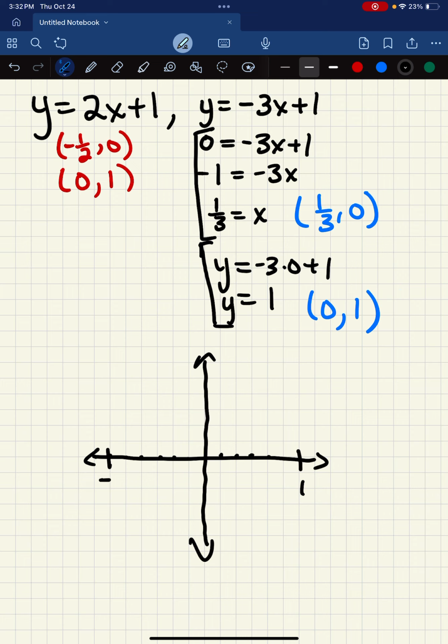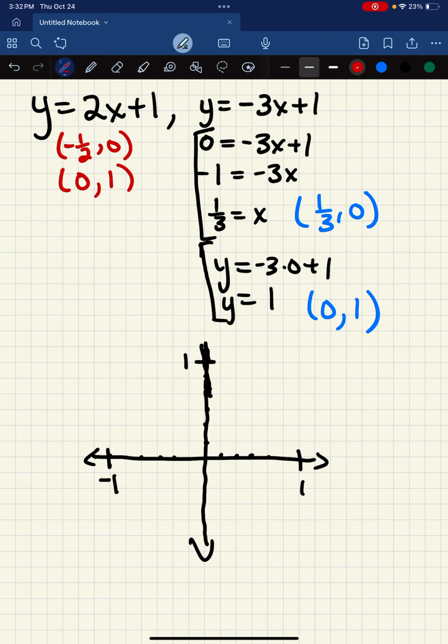And then 1, negative 1, negative 2, negative 3, negative 4, negative 5, negative 6. There's negative 1. Then we get 1, 2, 3, 4, 5, 6. Here is positive 1, and then negative 1 isn't going to matter.